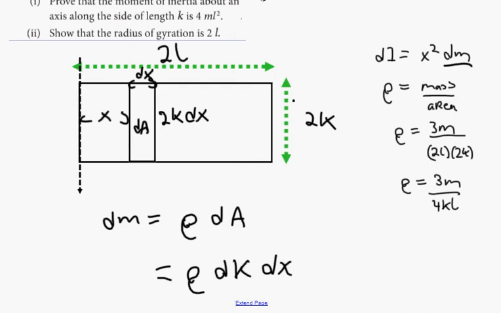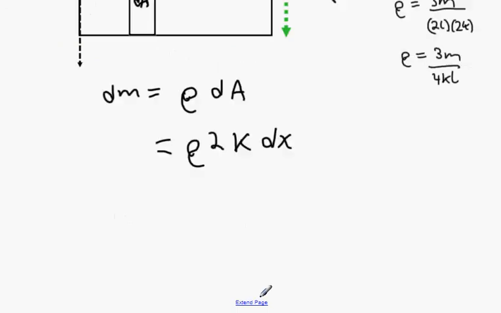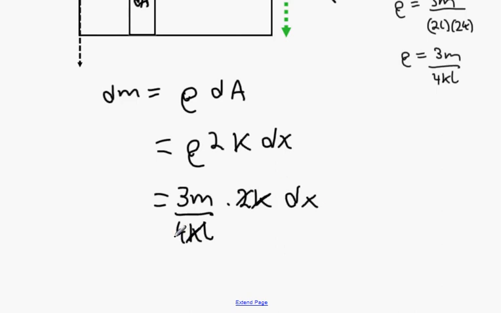Now we're going to introduce rho into the equation, so we're going to get 3m over 4kl, 2k dx. Let's get rid of those k's. Let's get rid of that 2 and turn that into 2 there. So we're going to get dm equals 3m dx over 2l.